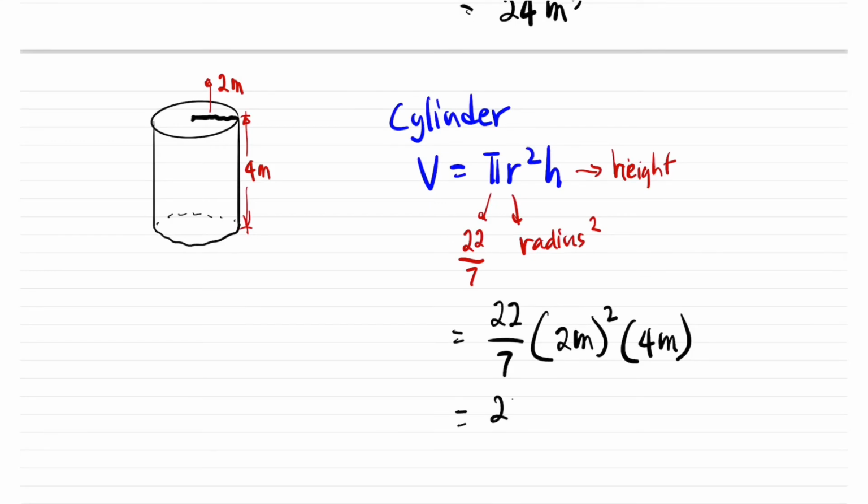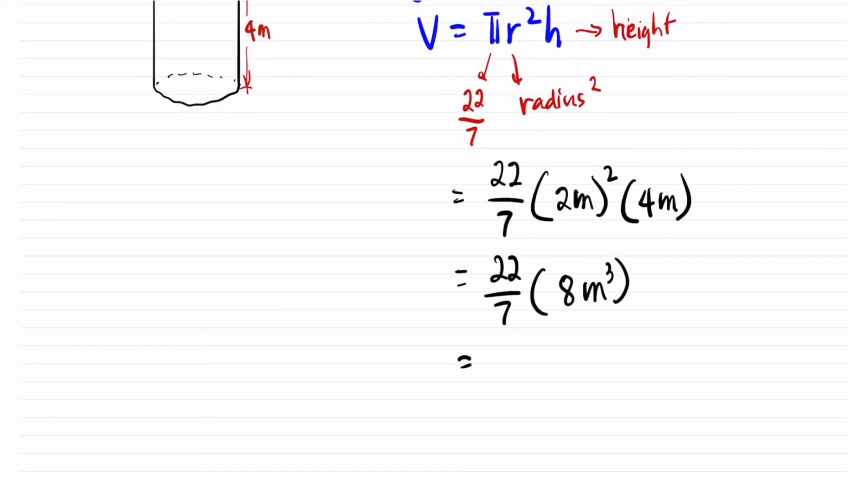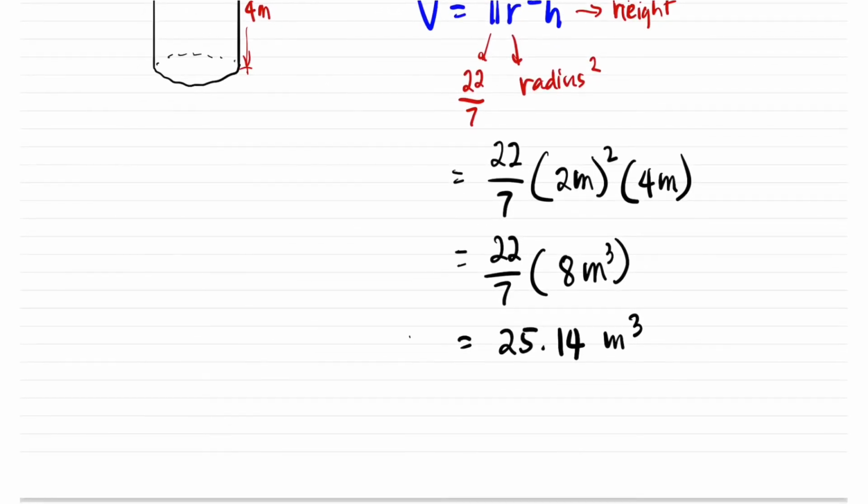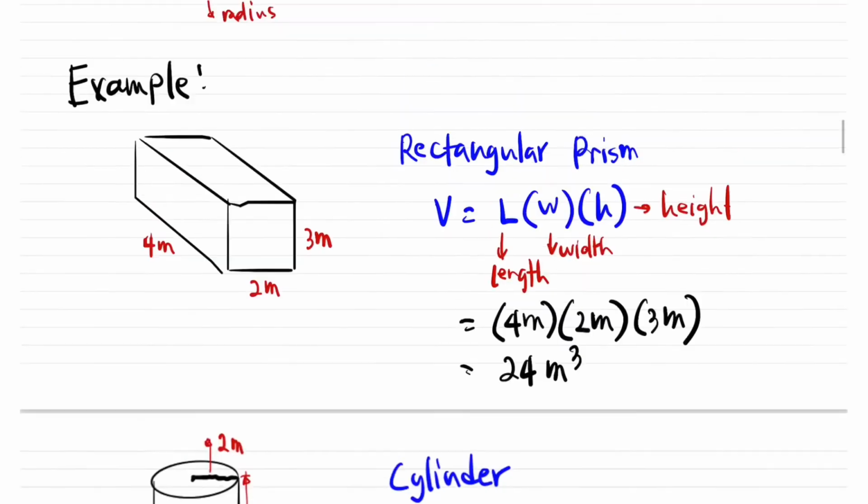So we have here 22 over 7 times 8 meter cube. So we have 22 times 8 divided by 7. So therefore we have 25.14 meter cube. So the volume for this cylinder is 25.14 meter cube.